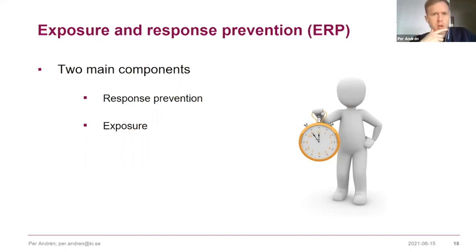So now moving on to exposure and response prevention, ERP. And this consists, obviously, of two main components: response prevention and exposure. Many of you might recognize this name from OCD treatment. In my view, it's not really the same; you can't really say, I do this in OCD, so now I know what to do.